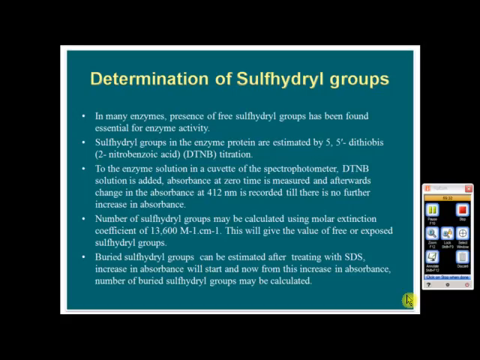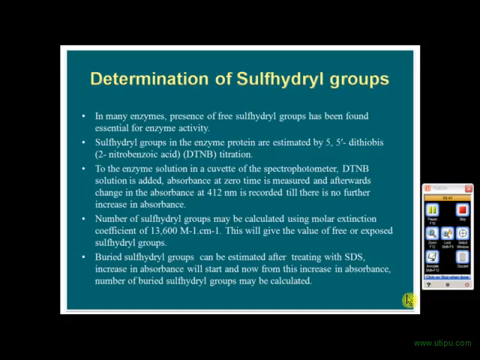If you have more sulfhydryl groups, more DTNB is bound, and you will get more absorbance. From there, you calculate just like how you calculate standards with test samples.